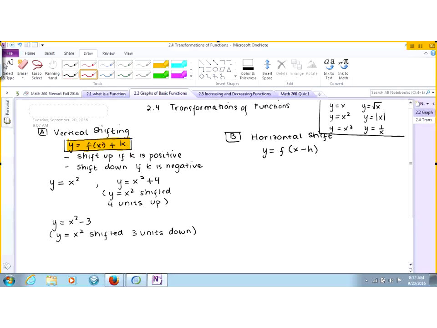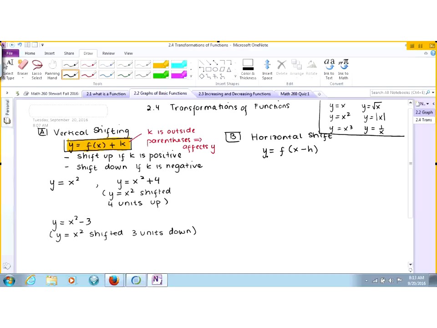So maybe I should write a note here: look at the k. The k is outside the parentheses, so it affects y, the vertical component. Maybe you want to write a note: k is outside the parentheses. Now look at this. Where is the h? Inside the parentheses, so it will affect x. X is horizontal. The other thing to notice is I have plus k here, but minus h here.